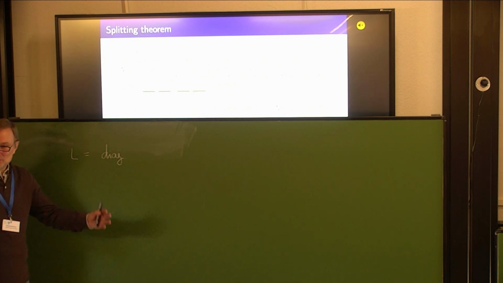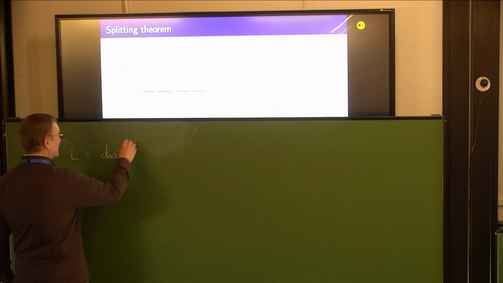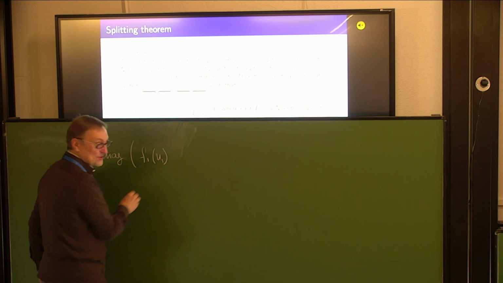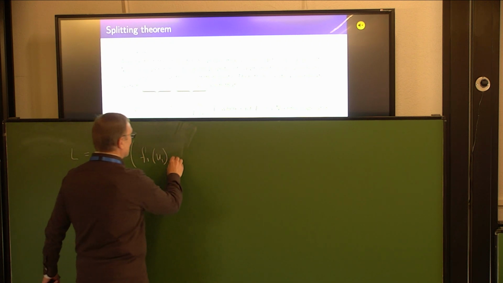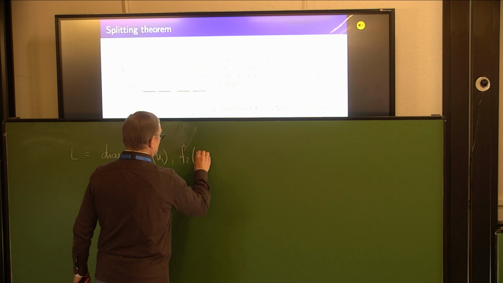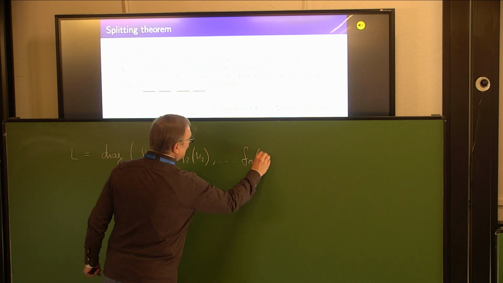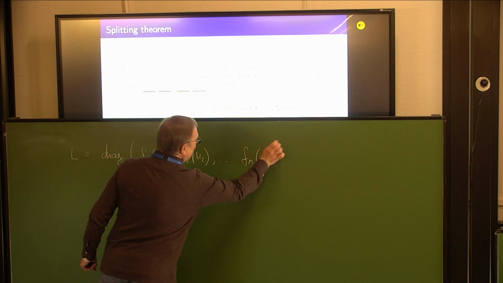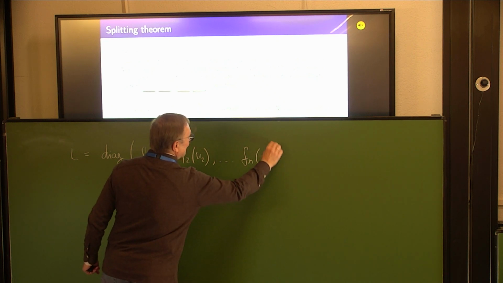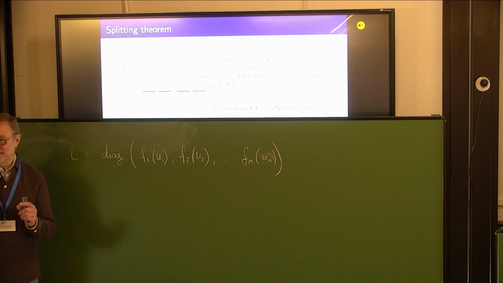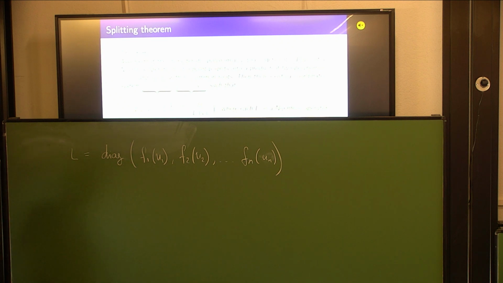You can reduce it to diagonal form, and moreover, this diagonal form will be of this kind: some function which depends on the first variable on the diagonal, some function which depends on the second variable, and so on. So it is diagonalizable, and moreover, each diagonal element depends on its own coordinate. This is the beginning of the story.